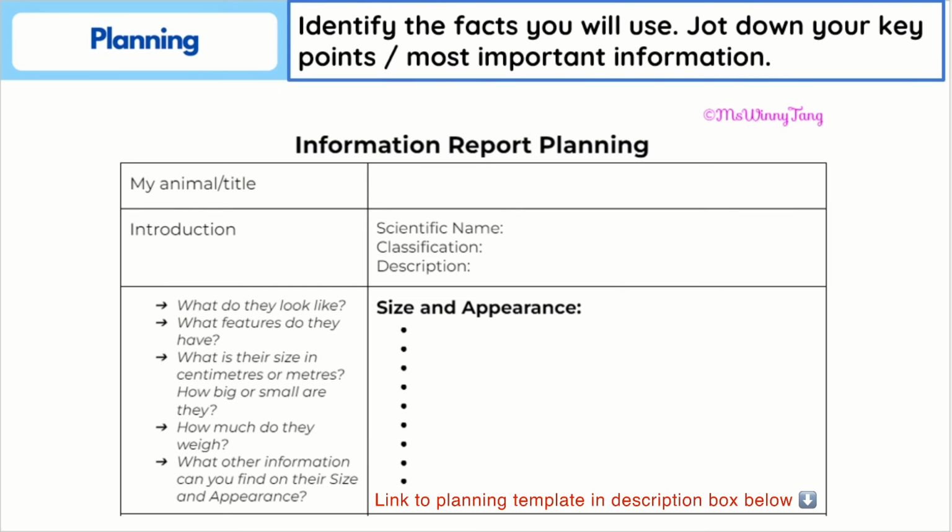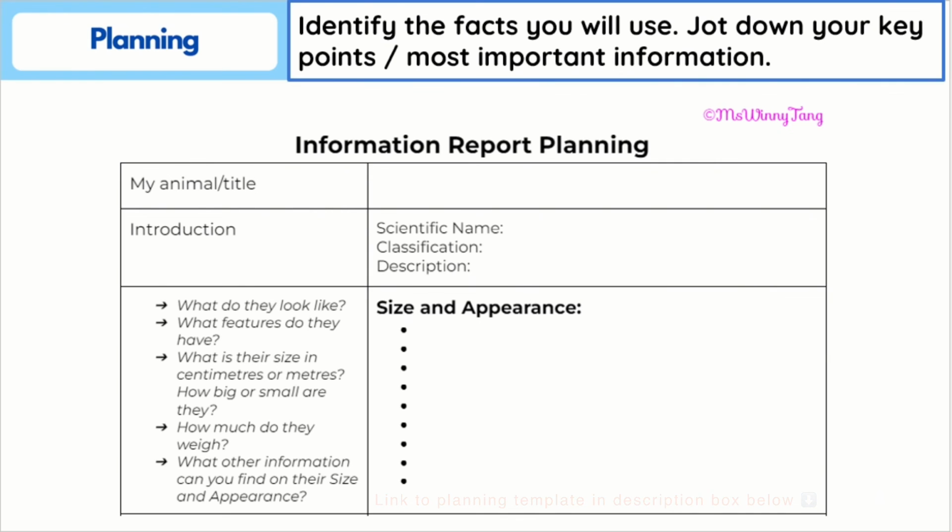Then after you gather your information, the next step is going to be planning. So this is where you'll identify the facts that you'll use, and jot down your key points and your most important information into a template. So you can use this template where you can put the title, some information that you've gathered on the scientific name, the classification, the description for your introduction, and all your information about the size and appearance here, and you can use the prompting questions to help you.